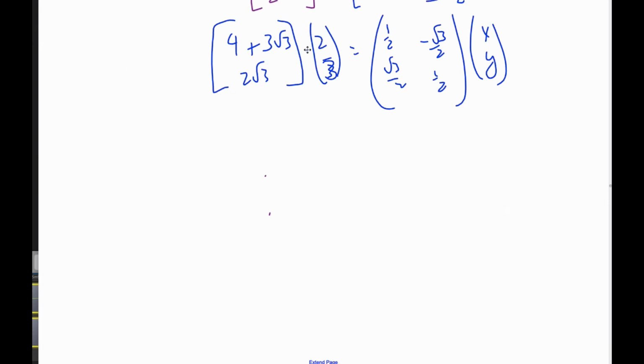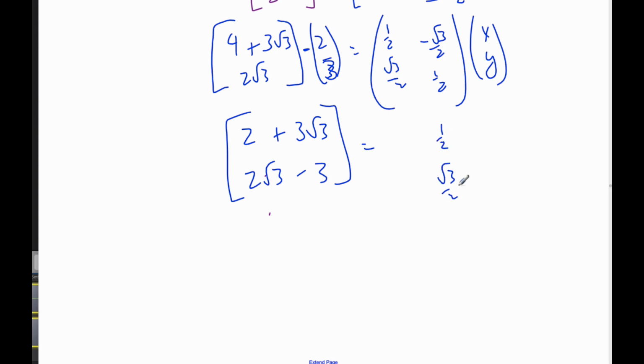This is simply, I'm subtracting these, so I get 2 plus 3 root 3, and I get 2 root 3 minus 3. This is equal to 1/2, root 3 over 2.